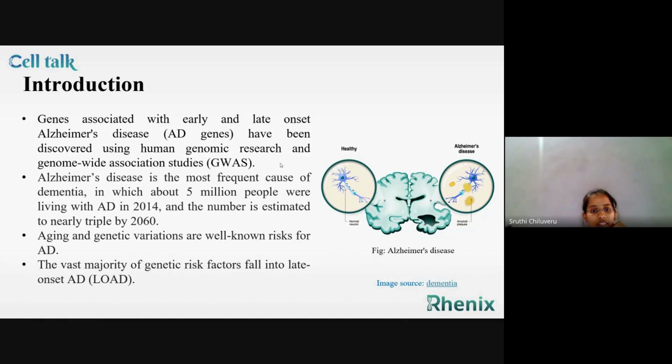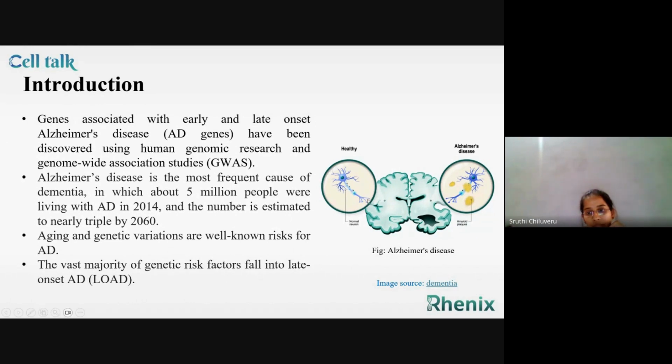Alzheimer's disease is the most frequent cause of dementia, in which about 5 million people were living with AD in 2014, and the number is estimated to nearly triple by 2060. Aging and genetic variations are well-known risk factors for Alzheimer's disease, and the vast majority of genetic risk factors fall into late-onset Alzheimer's disease, that is LOAD.